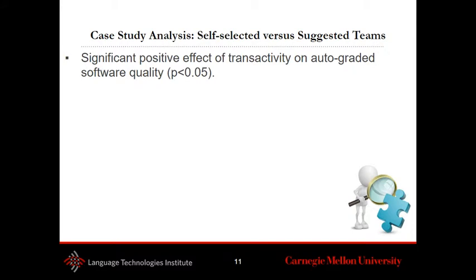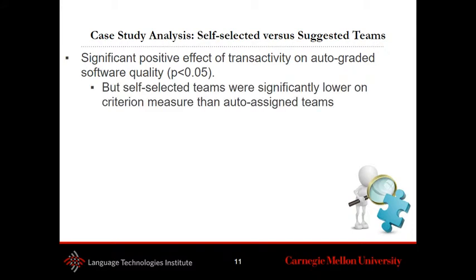And even if they self-selected into a team, because we can nevertheless compute that criterion score, we can then look at how that criterion score predicts the extent to which the students performed well in their teams. And the students were producing software together that was auto-graded, and we do see a significant positive correlation between the criterion score and the auto-graded software quality score of the teams.